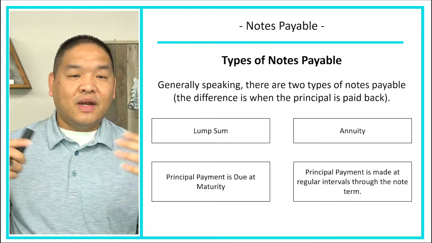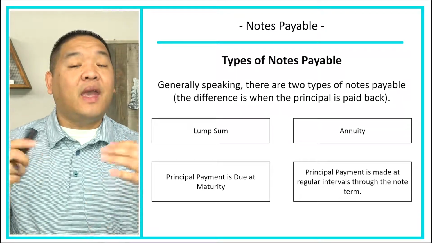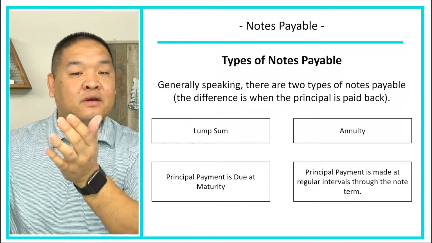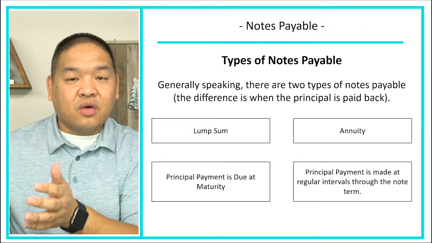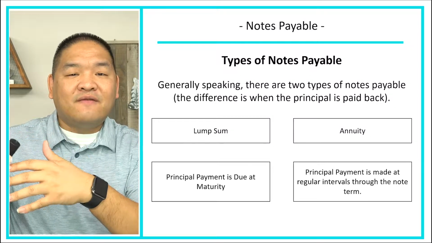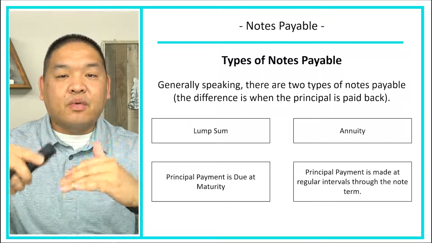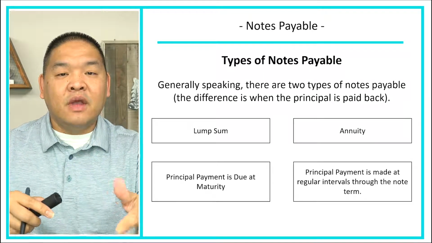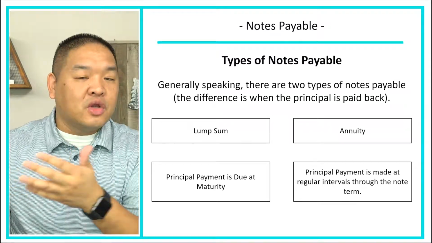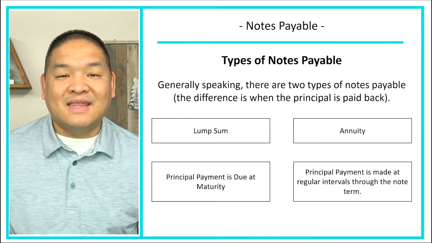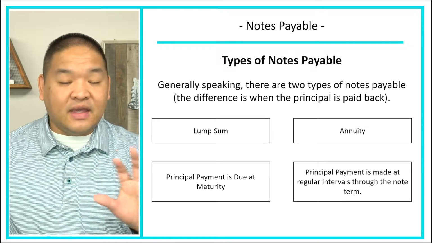If you borrowed $25,000 for a new car, you're not paying $25,000 at year 5 when you pay off the car. You're only paying, let's say, $500. Why? Because you've been paying a portion of that principal the entire time, and you've now gotten down to where you only owe $500 at the end of its term. Not the case with a lump sum.